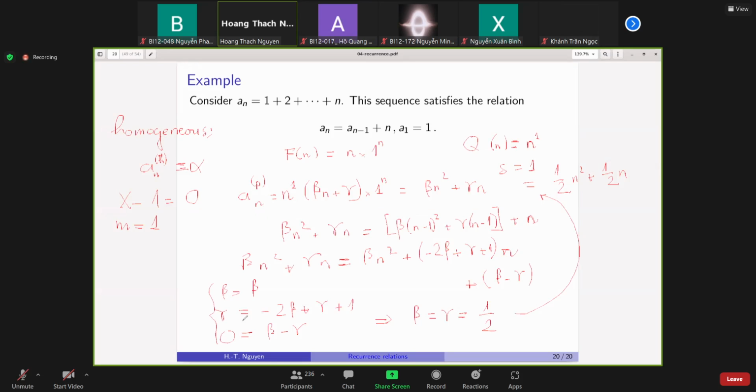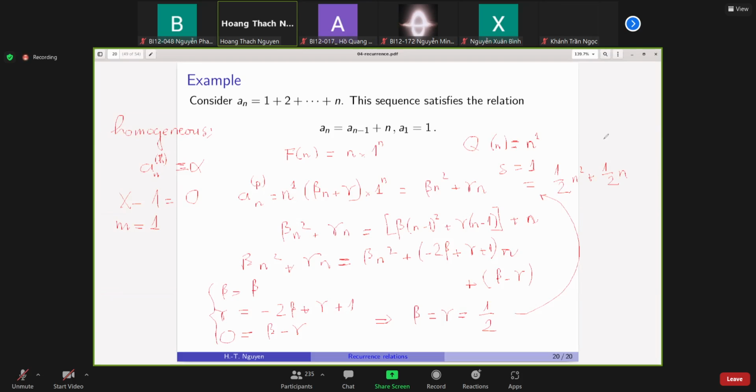Then from this system we solve to obtain beta and gamma equal to 1/2, and we find this particular solution here. Okay? So a_H is constant, a_P is this.